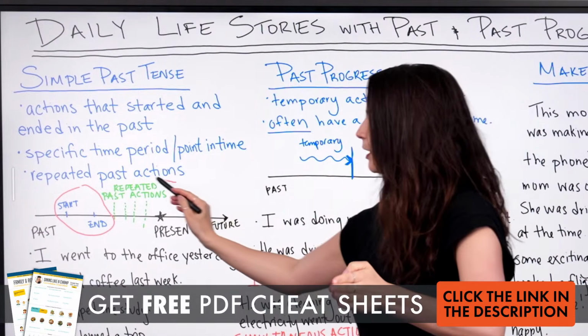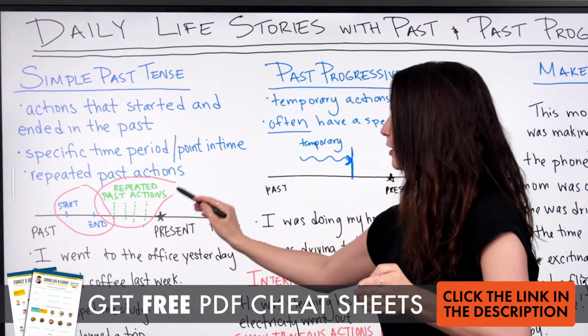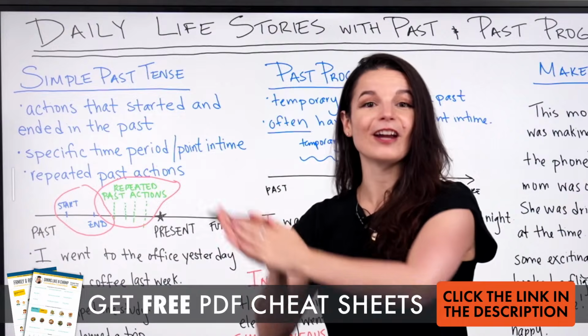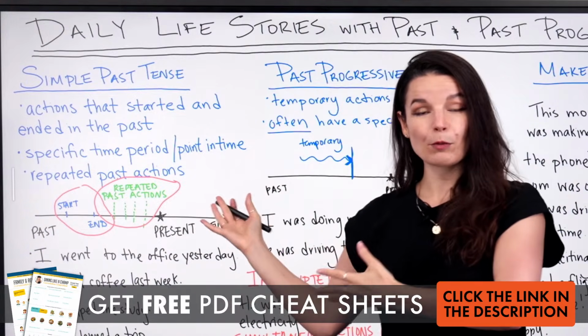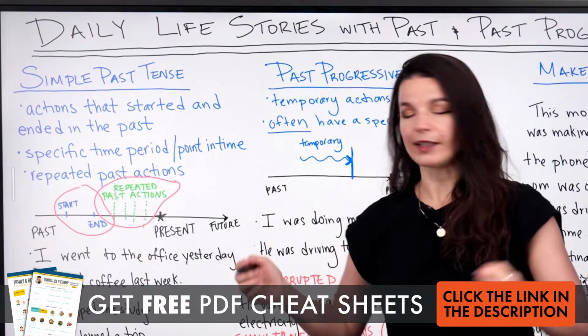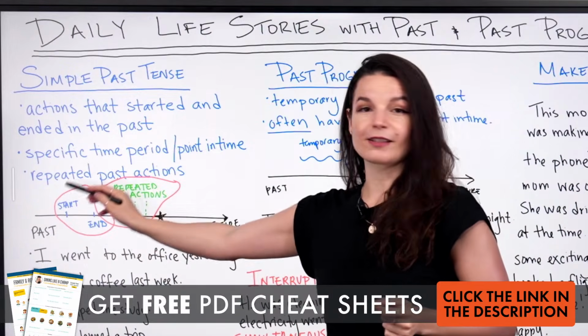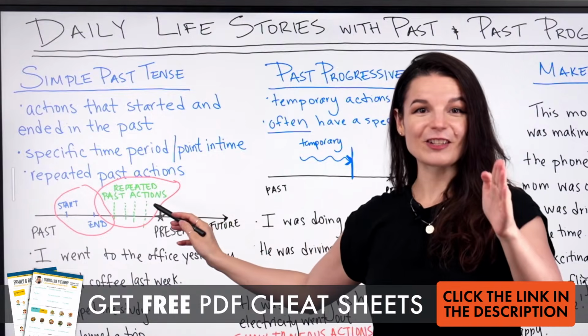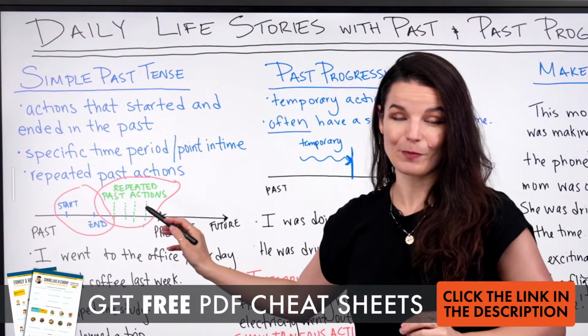This I showed here in green, repeated past actions, okay? For example, every month or every spring or every year, okay? So today we're going to practice these types. We're going to focus mostly on the first use of simple past tense, okay? But if you want to, you can get creative and use the repeated past action form also, all right?